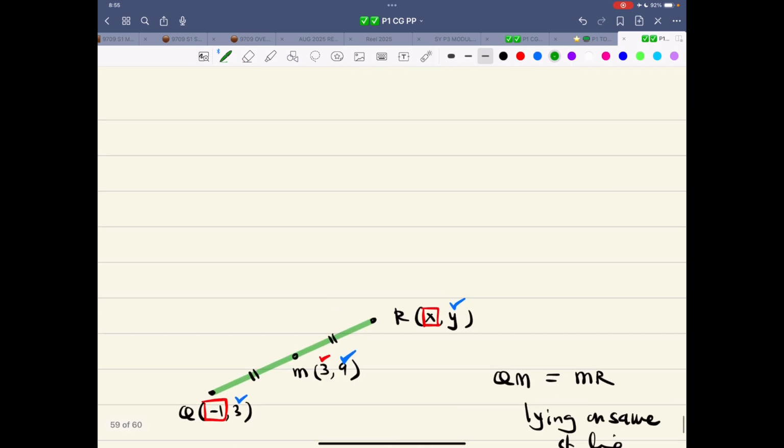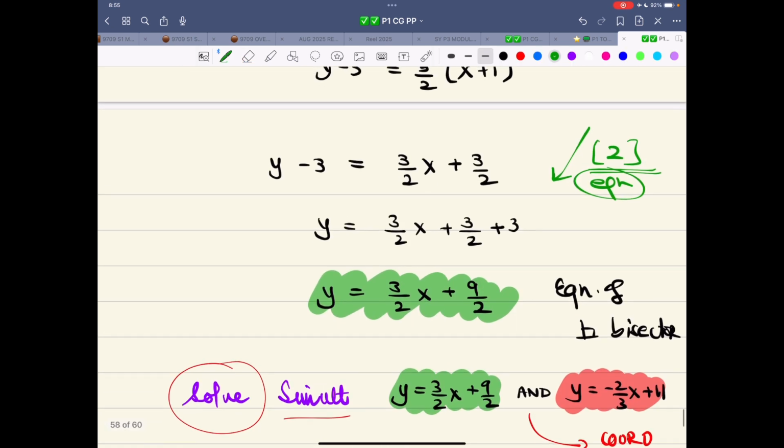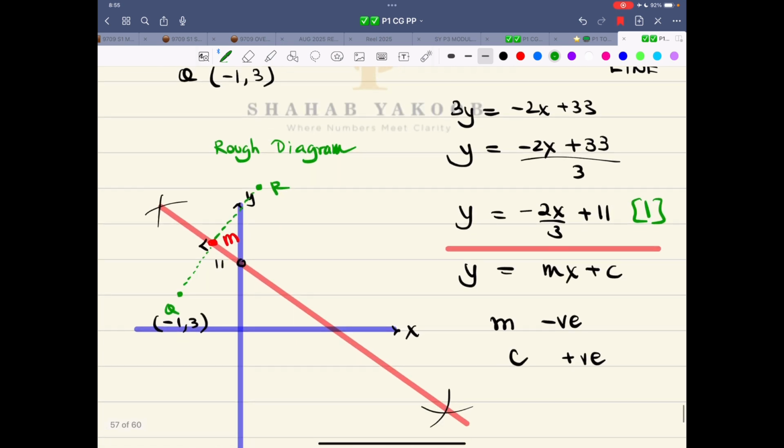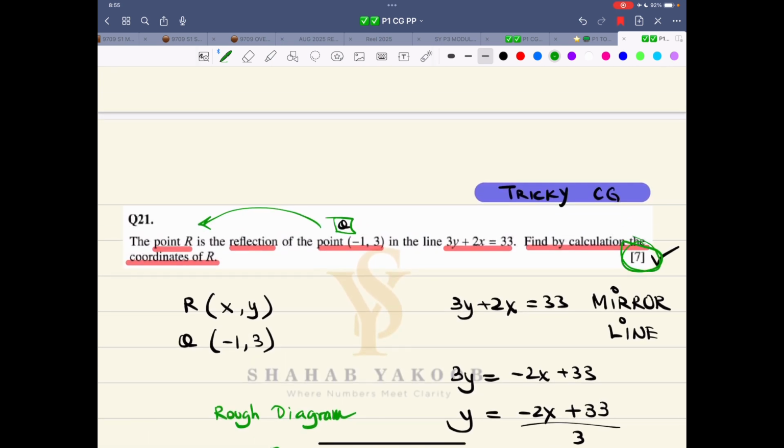So let me write 2 over here, 2 over here, 2 over here, and 1 over here. That's 7. So that is how the 7 marks will be obtained.